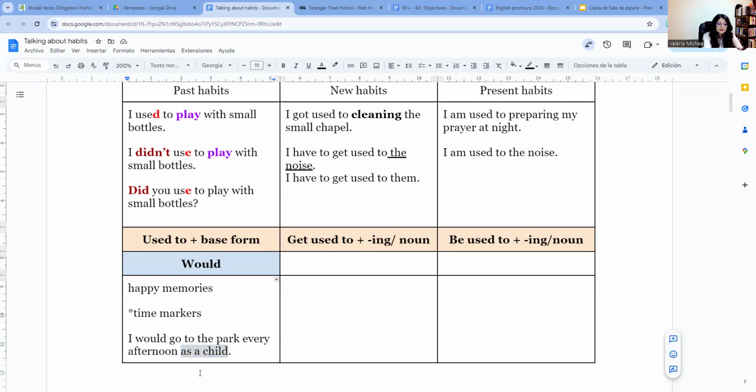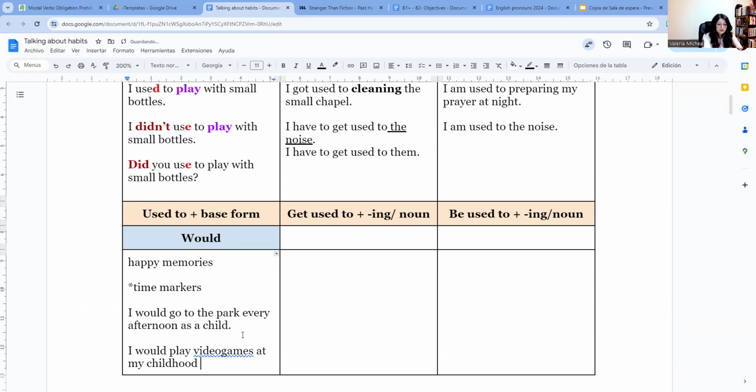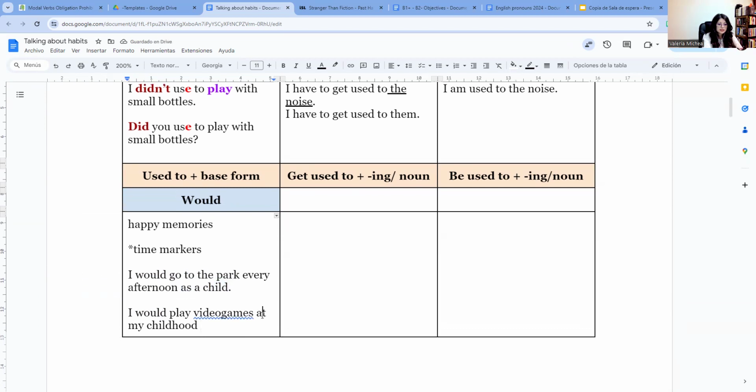Then I have another example there in the chat. Let me copy it. I would play video games at my childhood. It's not at, in my childhood. Yeah. Also related to the time when I was a child. We use would sentences with a specific time. Yeah, the specific time is the past.